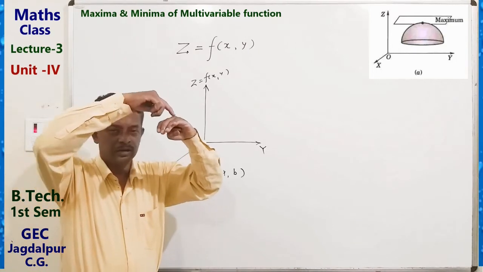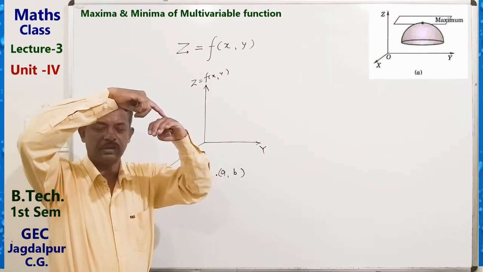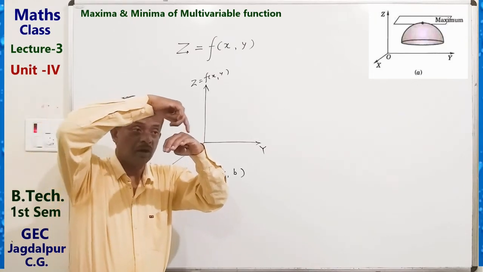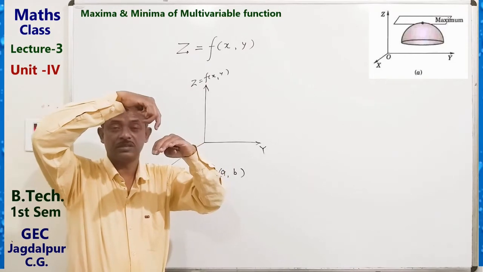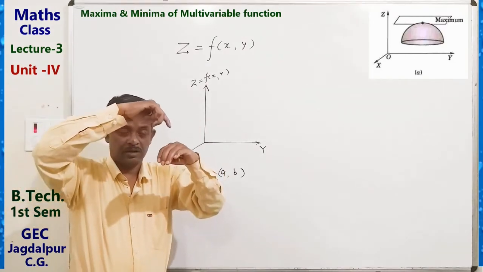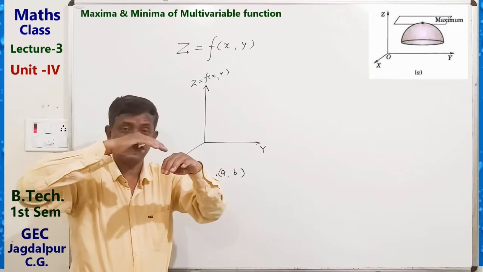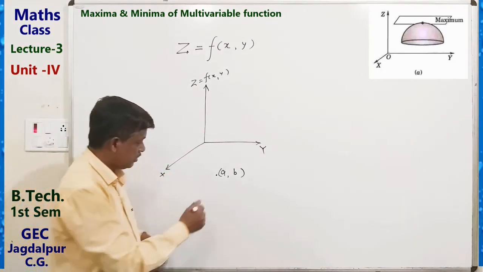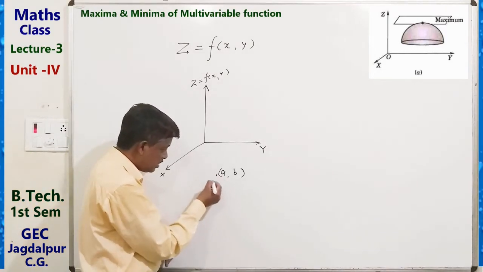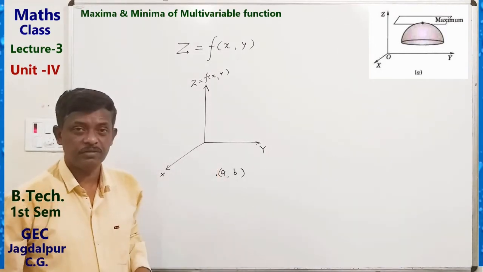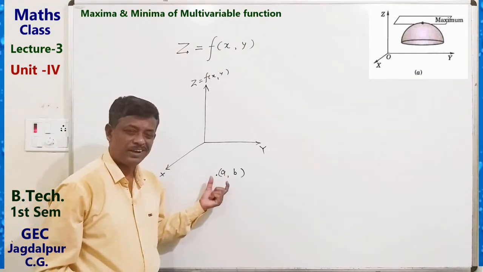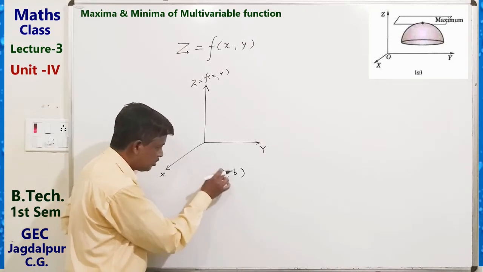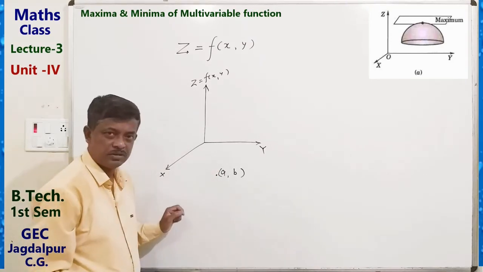That is the top, the maximum. This value will be maximum if around this point the surface descends, that is, if there exists a neighborhood of this point (a, b) in the plane. Neighborhood means, suppose, a circular neighborhood.